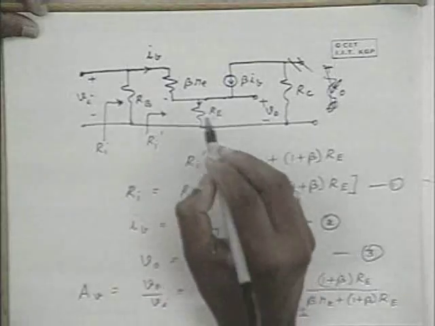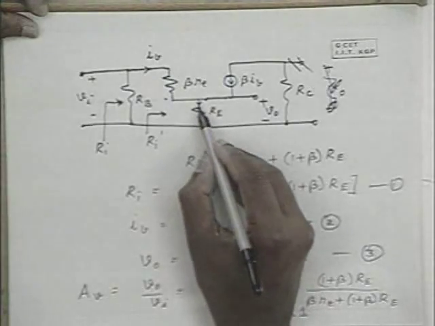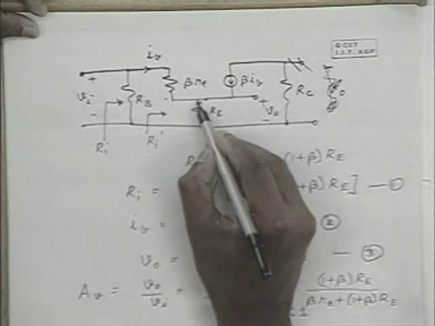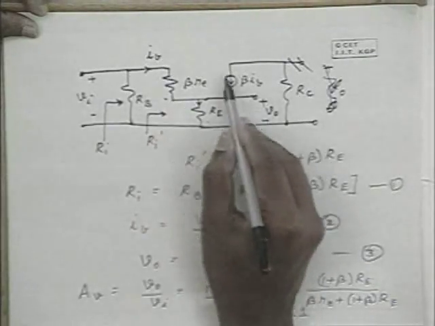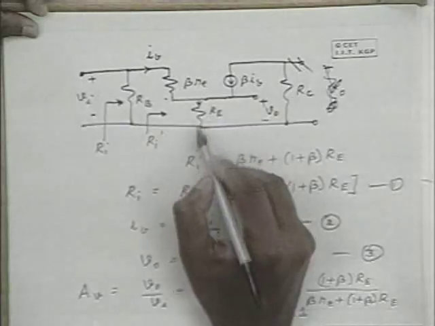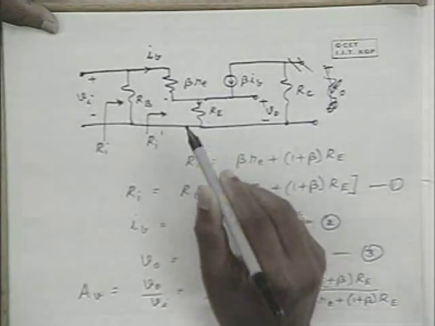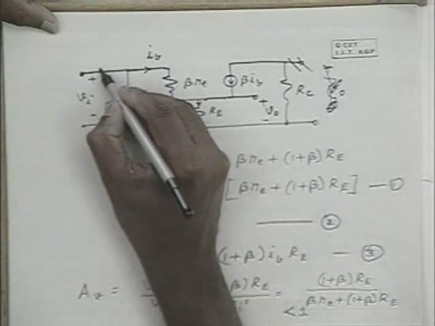Now, we shall continue the same discussion and discuss the current amplification, or the current gain. So, please note that the output current over here is, treating Re as the load resistance, Ib plus beta Ib, that is 1 plus beta Ib, and the input current is this current.